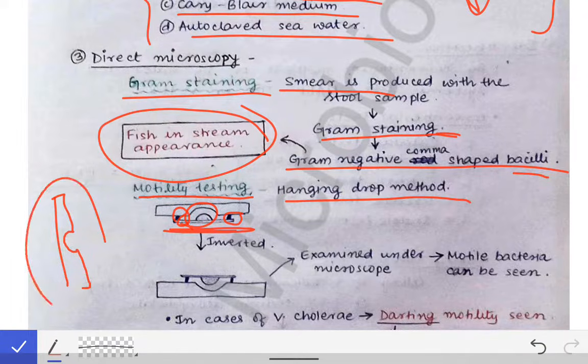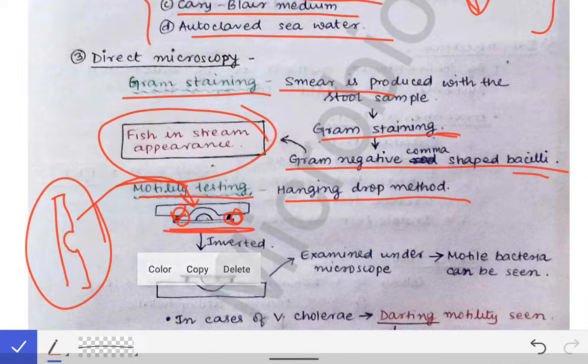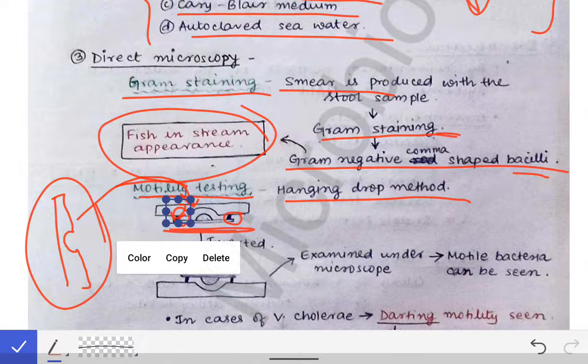Okay, something like this, a slide we will take, and then we will put this slide over the specimen in this way, so that the concavity just lies over the drop of specimen. Okay, and this Vaseline gets attached to the concave slide. Okay, after this, let me remove all this.